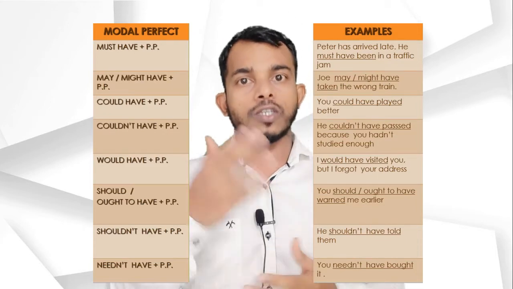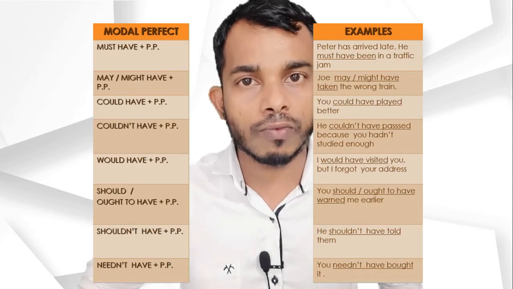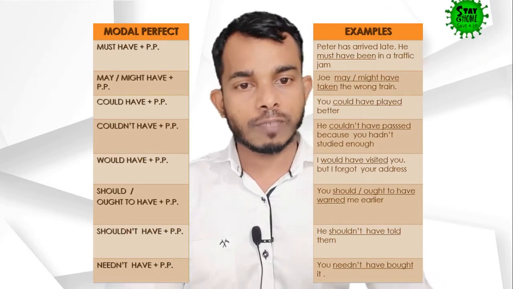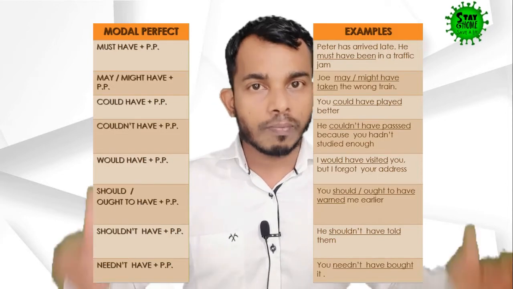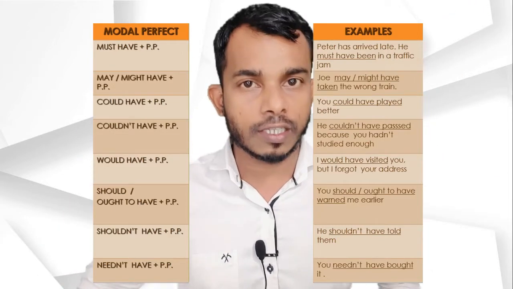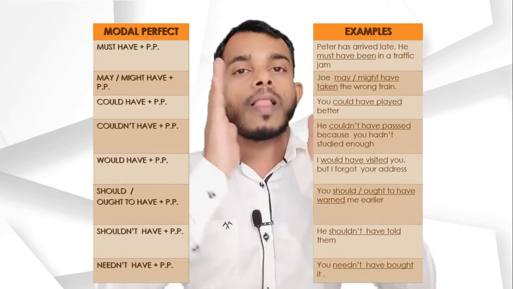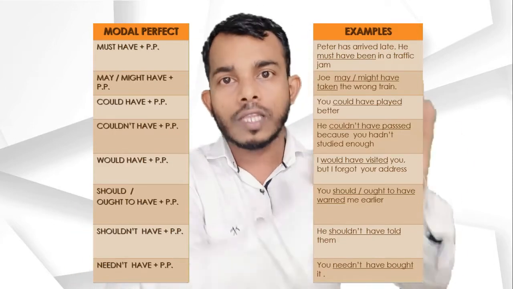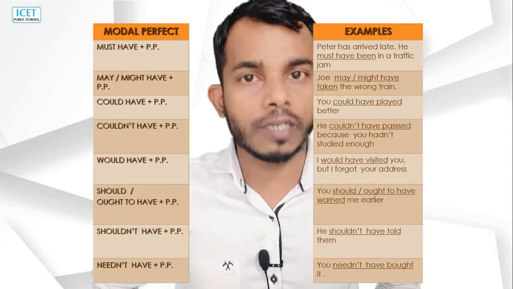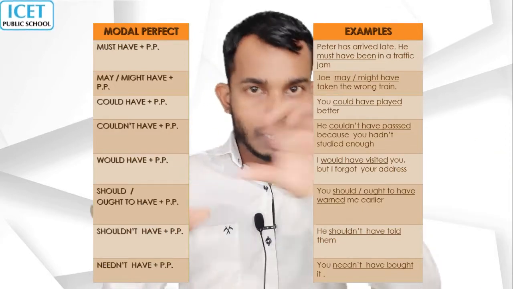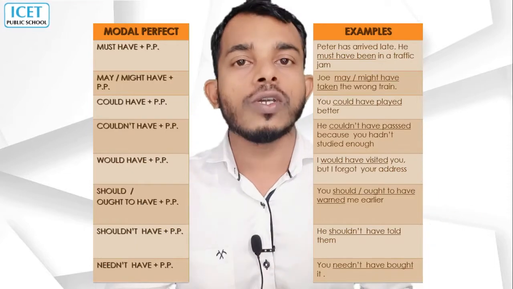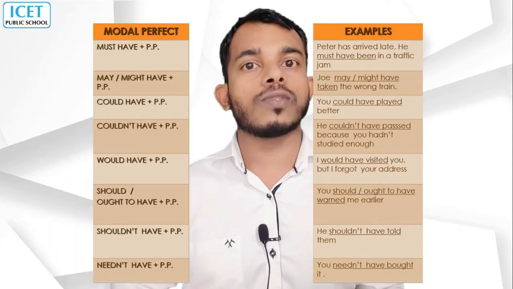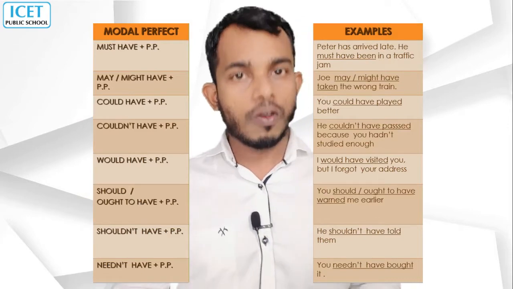Like that, using the past participle form of the verb with modal auxiliary plus have, we express the modal in perfect form. Past actions we express using this. So study this: the modal, then have, then the past participle form of the main verb, can be used to express the past form of the modal auxiliaries. I hope you can understand.